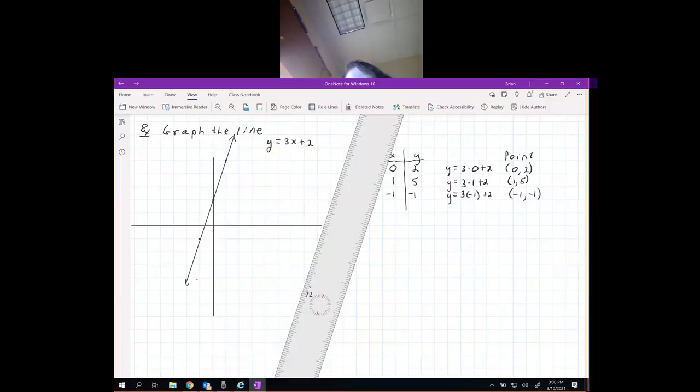So the game plan here is you're given an equation. You pick some values for x, plug them in, see what you get, graph them, see if they line up. So let me give you one just like it. Even though you may or may not have graph paper, try the next one on your own.